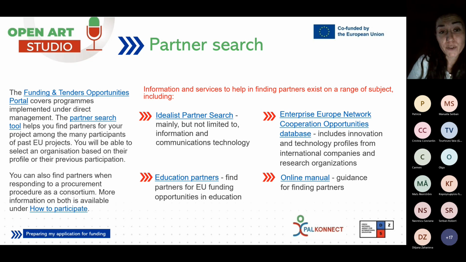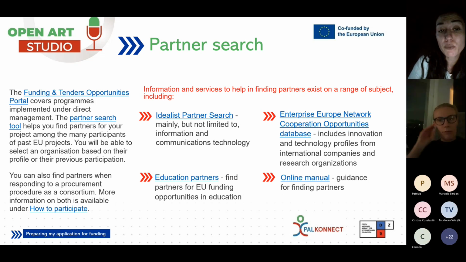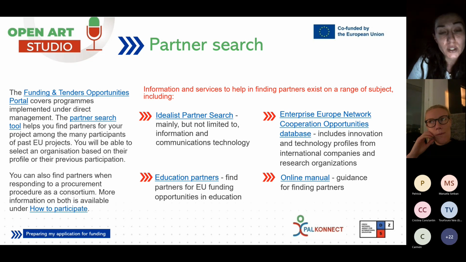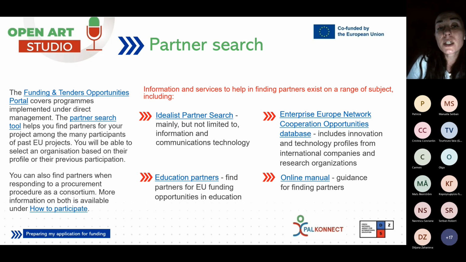Information and services to help in finding partners exist on a range of subjects, including the IDEALIST partner search, which is mainly but not limited to information and communication technology. Education partners, to find partners for EU funding opportunities in education. Enterprise Europe Network Cooperation Opportunities Database, which includes innovation and technology profiles from international companies and research organizations, and online manual guidance, which includes guidance for finding partners.